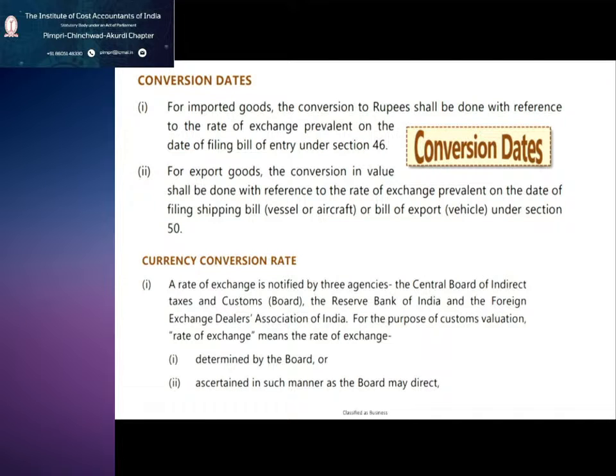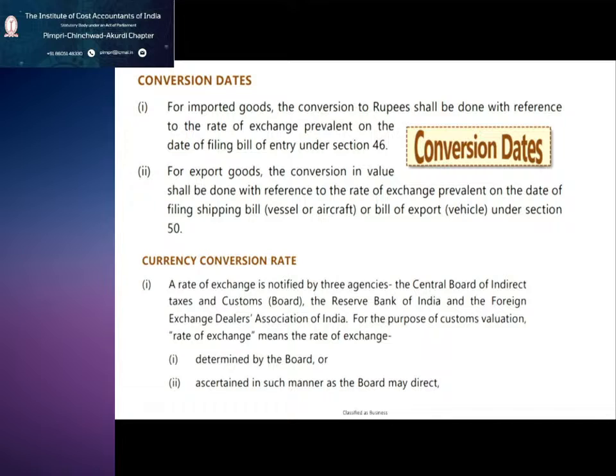So here a few things which we need to understand are conversion dates and currency conversion rate. Which date we need to consider, and what is meant by currency conversion rate. Conversion date means, for the purpose of import, the conversion to rupees is at the rate of exchange prevalent on the date of filing the bill of entry.